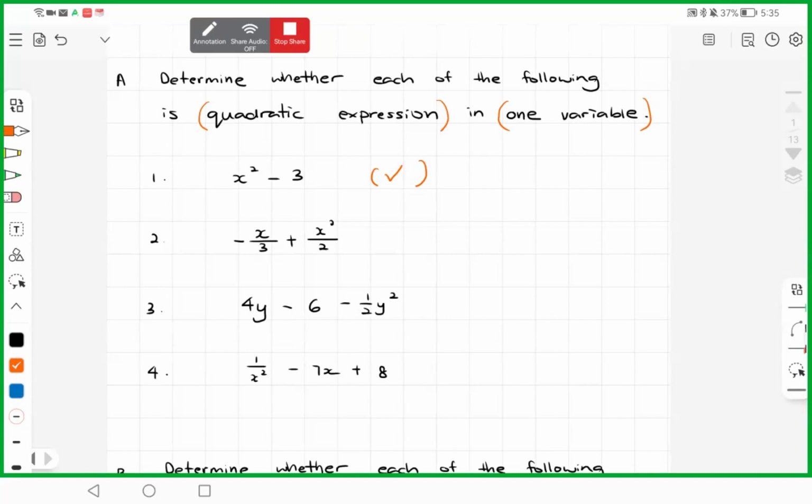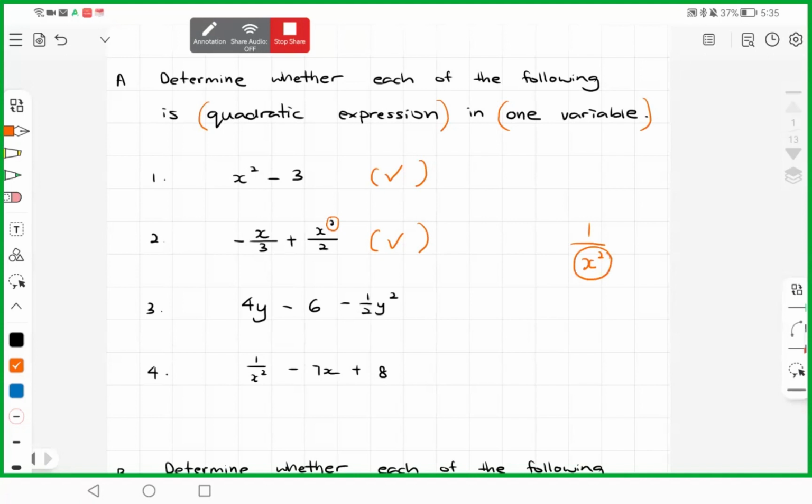Yes, also right. Correct, the answer is yes. Now, be careful of this x squared: x must be in the numerator. If it's in the denominator, like this, this is not a quadratic expression because of the position. At the bottom is the denominator.